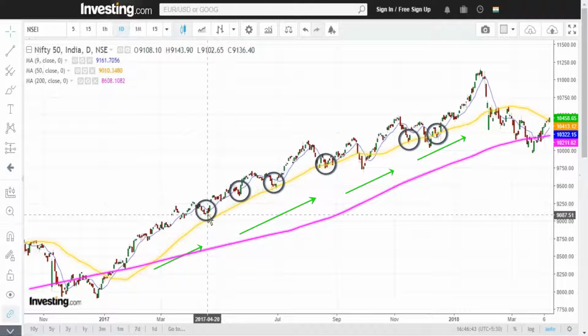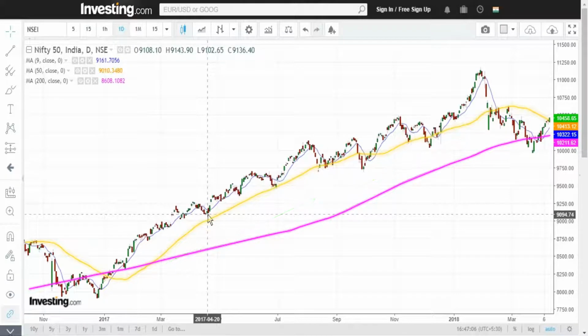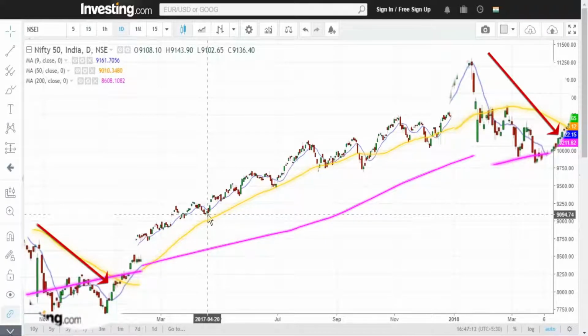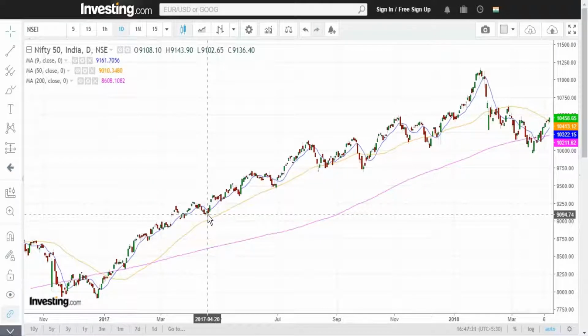That is why we are saying that if the medium term moving average is slanting upward, and the price comes close to that moving average and does not break it, then there is a possibility that the earlier upward move may resume. Similarly in the downward direction, if we are in a downtrend, the medium term moving average is moving down, and price comes close to the moving average, then it is a very good shorting opportunity. So this is another way a medium term moving average can be used.